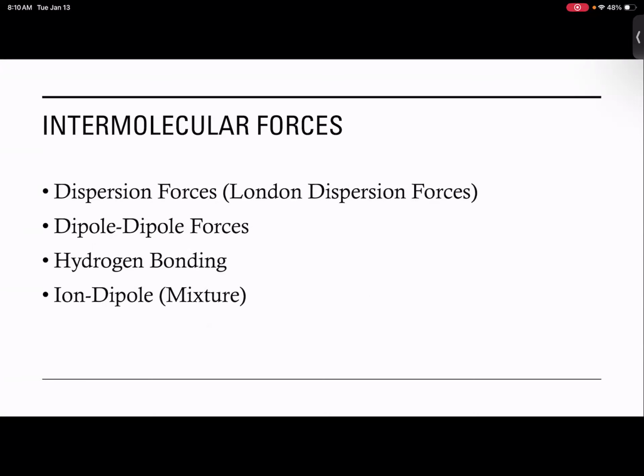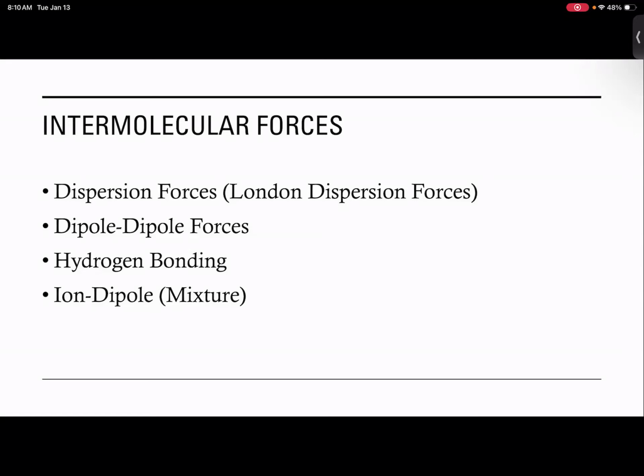Now, there are four intermolecular forces that we're going to talk about. The very first one is known as a dispersion force, or sometimes referred to as London dispersion forces. I think I typically use the term London dispersion forces, so if you are watching the flipped classroom videos, you'll hear me use the term London dispersion force.